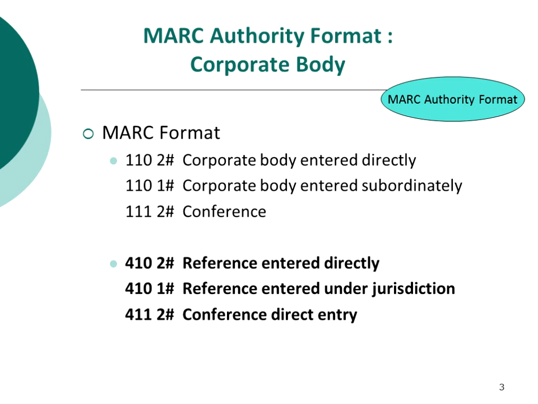All right, MARC authority format for corporate body. First of all, what is a corporate body as defined under the cataloging rule? A corporate body, as defined under AACR2, is an organization or group of persons that is identified by a particular name and that acts as an entity.